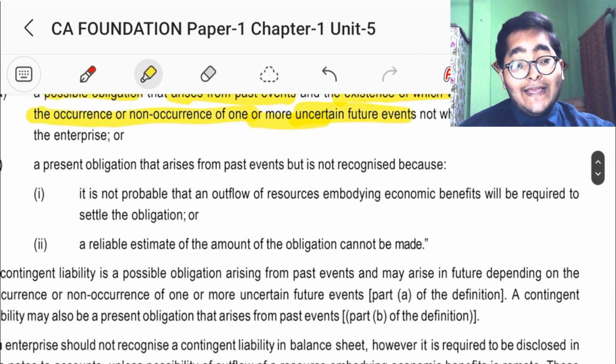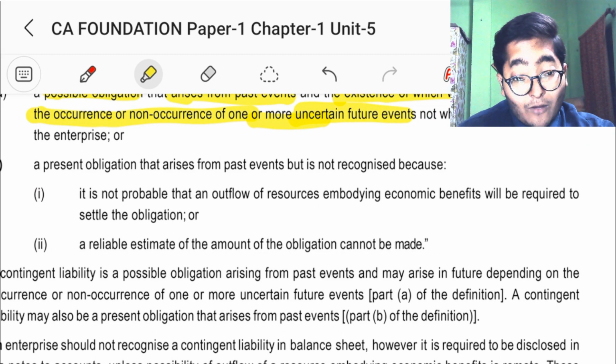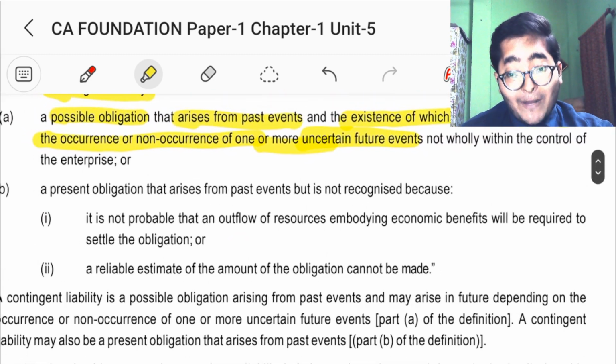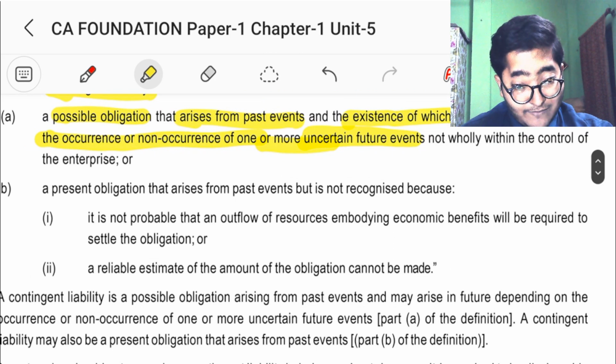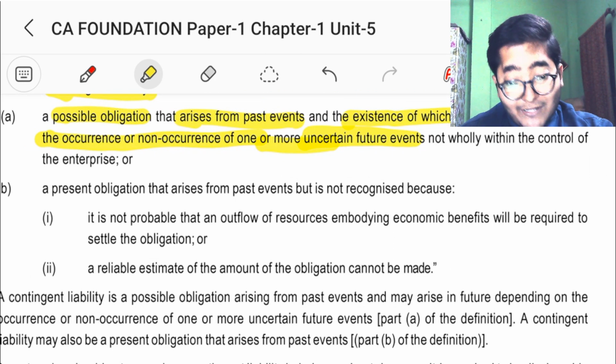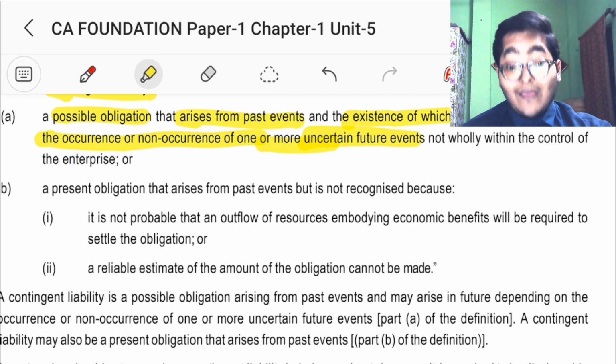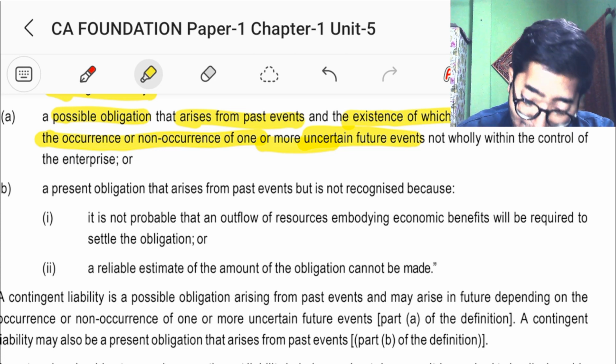Contingent liability is also a present obligation that arises from past events but is not recognized because, number one, it is not probable that the outflow of resources embodying economic benefits will be required to settle the obligation. Number two, a reliable estimate of the amount of obligation cannot be made.